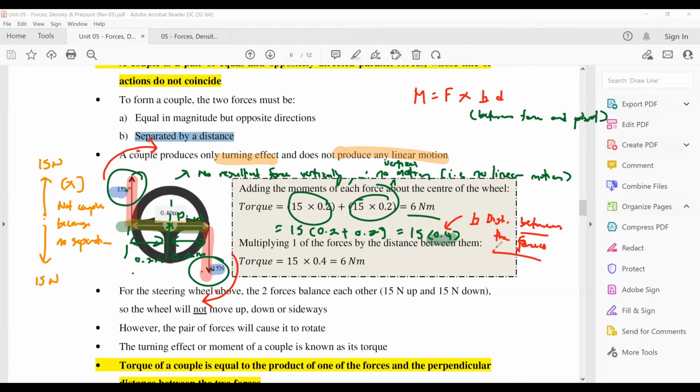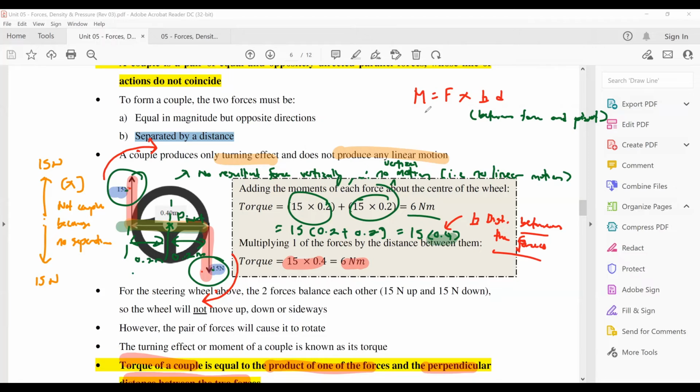So torque of a couple can be expressed as this instead. 15 times 0.4 equals 6 Newton meter. So when you are asked to find out the torque of a couple, you can actually just say it's the product of one of the forces and the perpendicular distance between the forces.